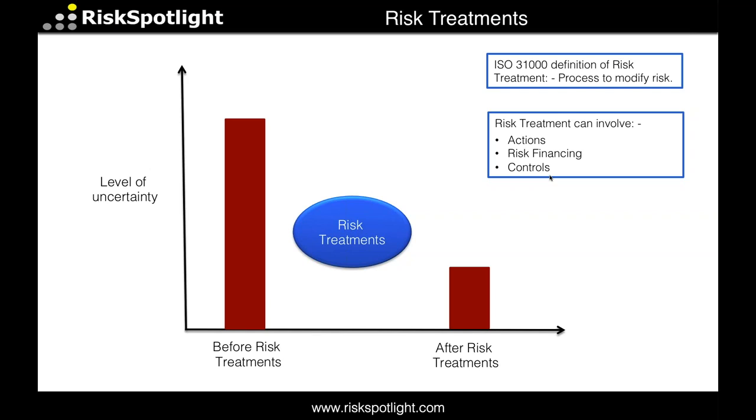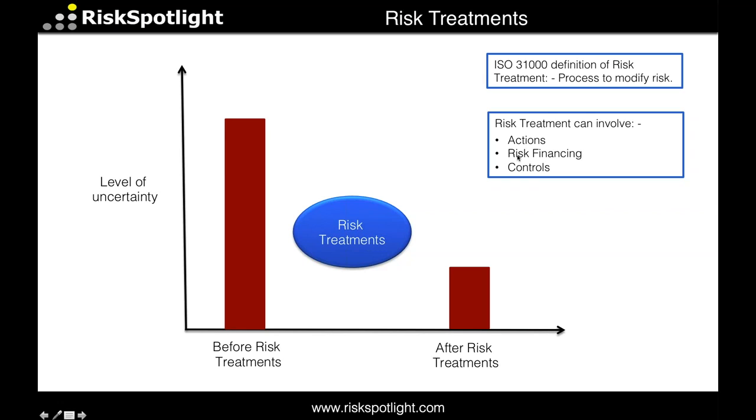We may just need an action to hire some experienced people who have done that sort of outsourcing in the past, but you wouldn't classify that as a control. It's an action you take once, whereas a control is something you have to do every day, every week, every month, as part of the day-to-day process.